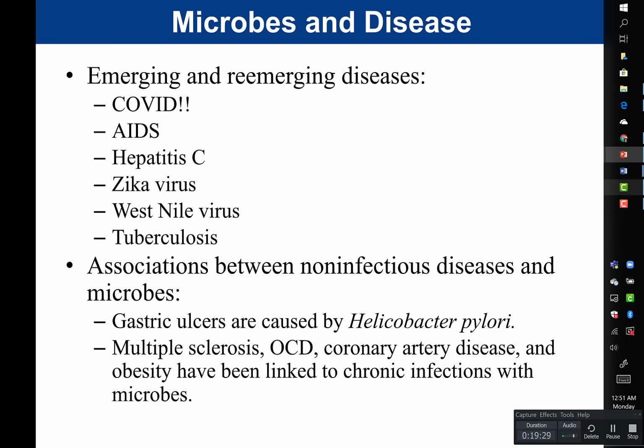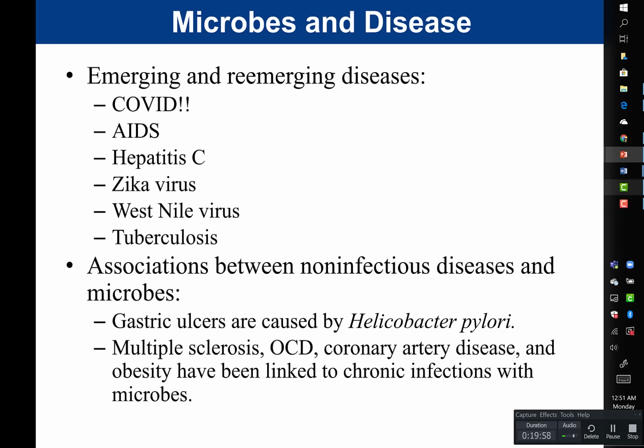COVID is the perfect example of an emerging disease. We have other coronaviruses that have caused disease, SARS, for example. We have MERS, which is Middle Eastern Respiratory Syndrome. So we have other types of coronaviruses that have caused disease, but we have this new coronavirus, which causes COVID.